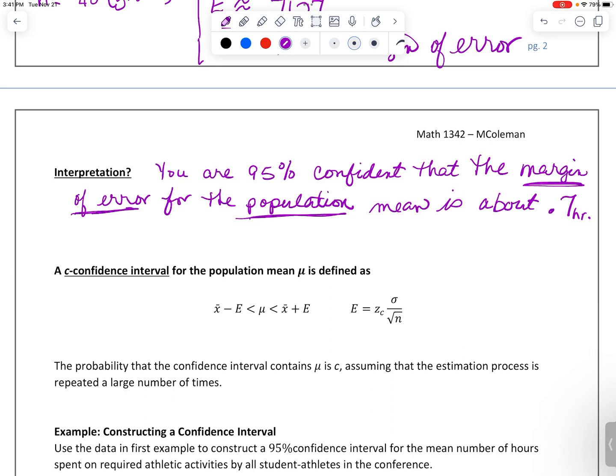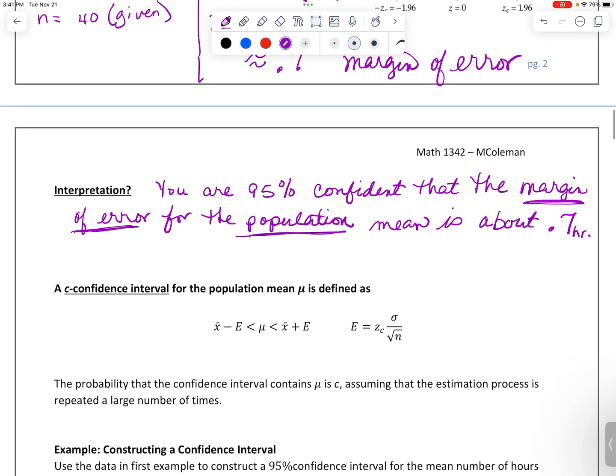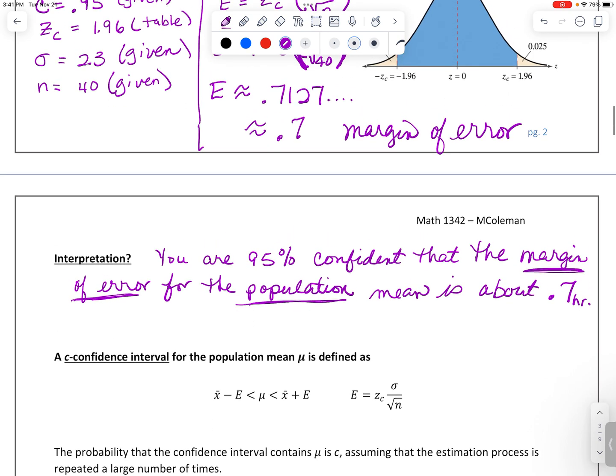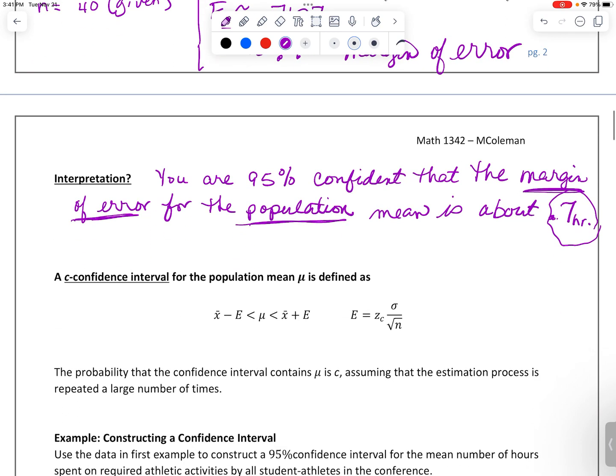So again, if I'm thinking in terms of a margin of error, that means that we think that most student athletes are going to be at the same average, kind of a plus or minus this 0.7 hour. So it's close, plus or minus.